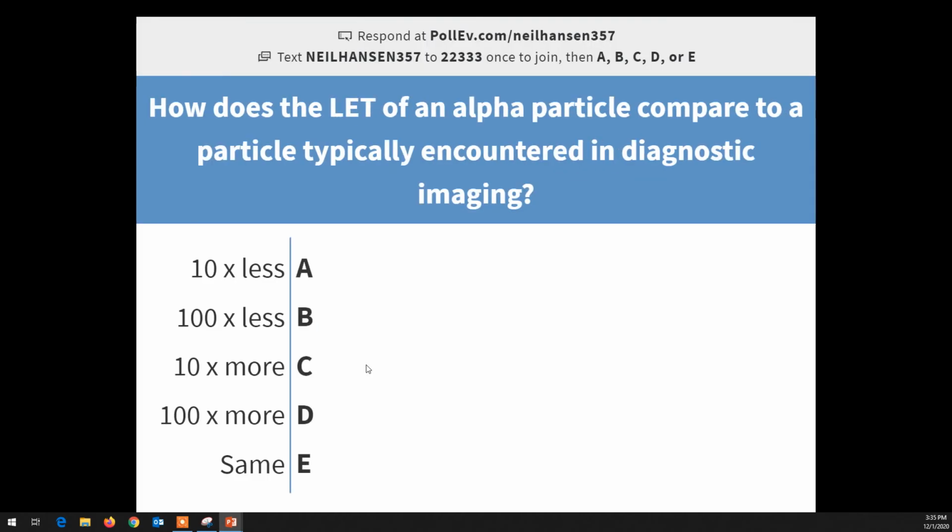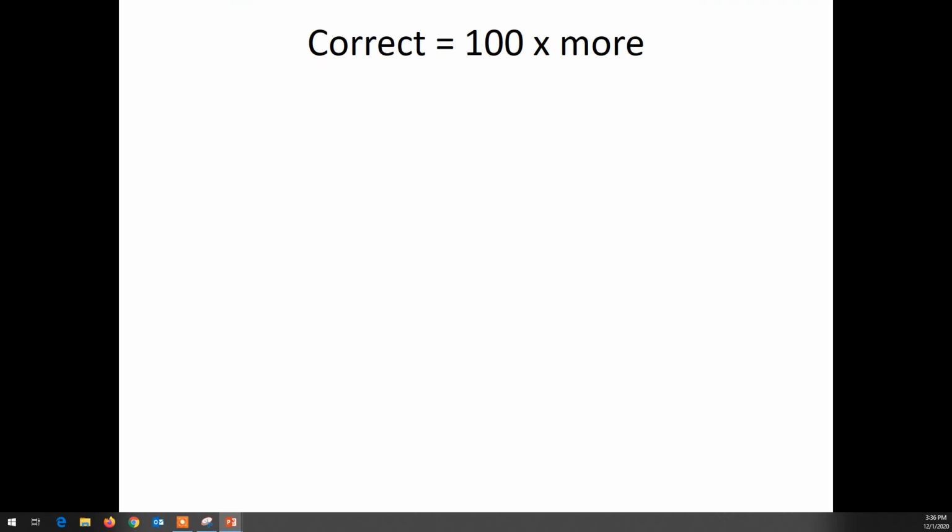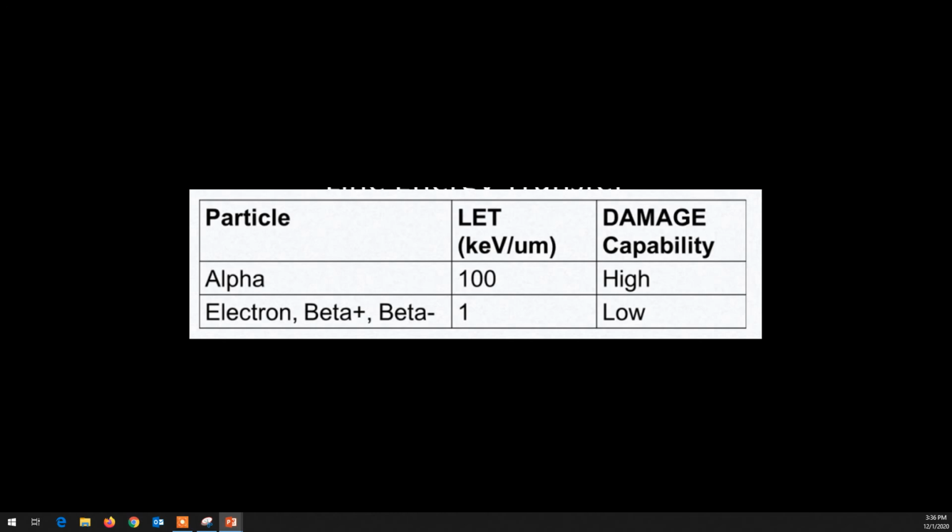So how does the LET of an alpha particle compare to a particle typically encountered in diagnostic imaging? The correct answer is it's about 100 times more. If you look at the linear energy transfer of an alpha particle, it has a lot of local damage capabilities.